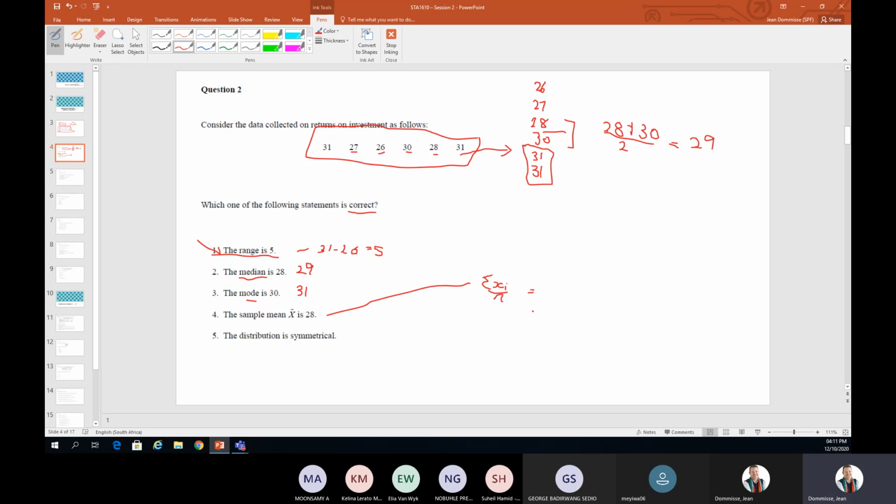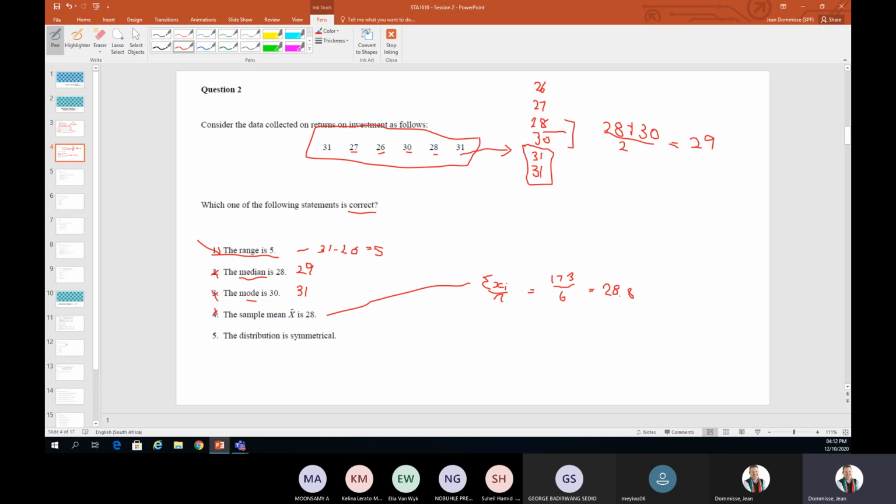Let me quickly check on my calculator: 26 plus 27 plus 28 plus 30 plus 51 plus 51 is 213, and that divided by 6 will give you the sample mean, which is 35.5. Okay, so that is why that one is also wrong.